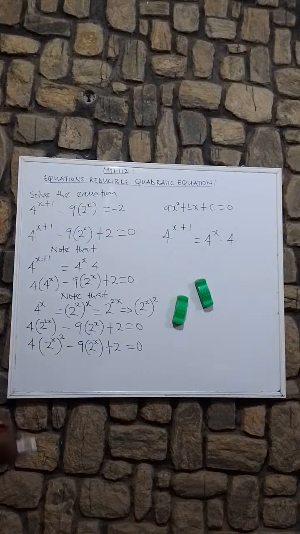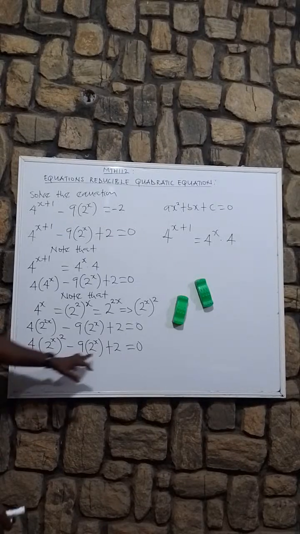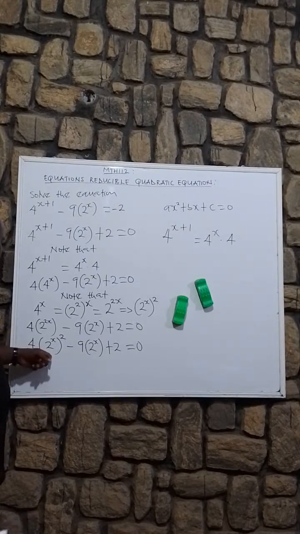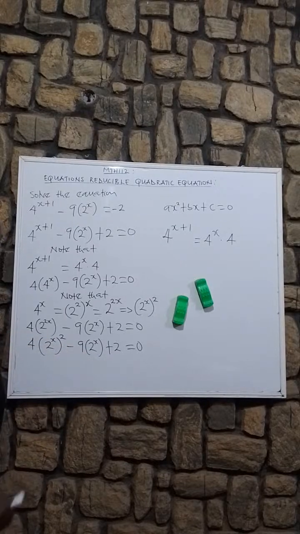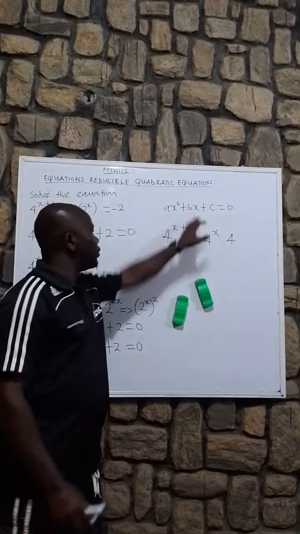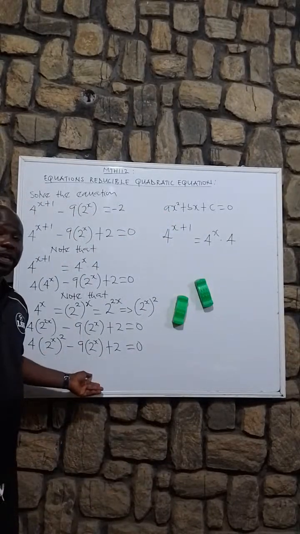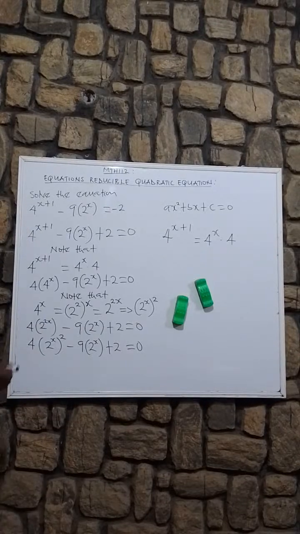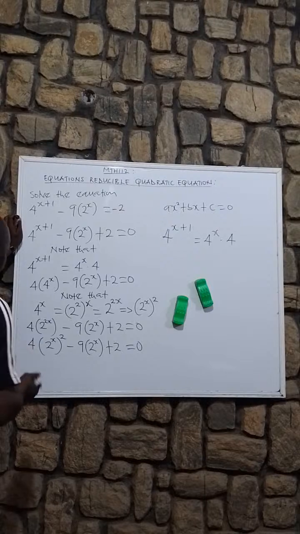So you can now see that we have the same base here, the same base here. So what we need to do, for us to reduce this to this form, we can choose any alphabet, either P, K, thereabout.